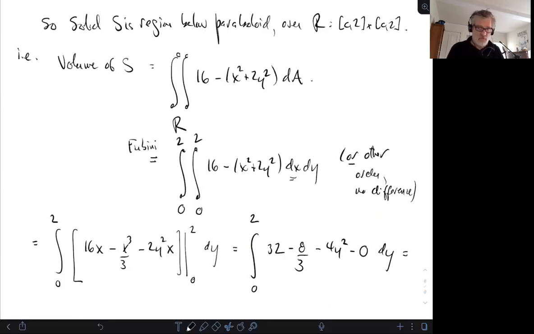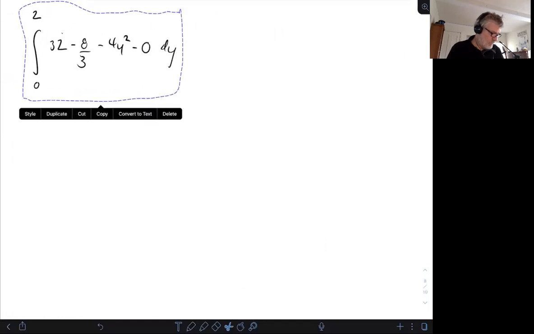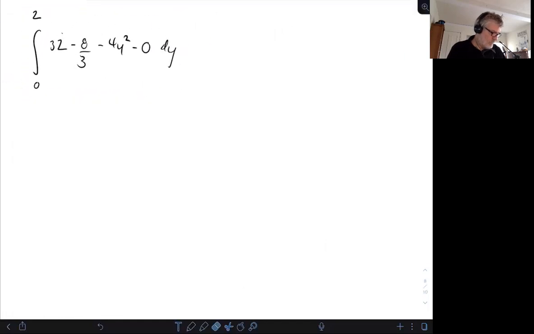And so now we're down to the second integration. Now I integrate with respect to y. So this is 32y minus 8 thirds y minus 4y cubed over 3 between 0 and 2.